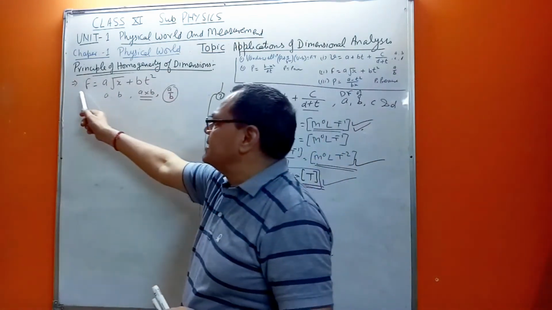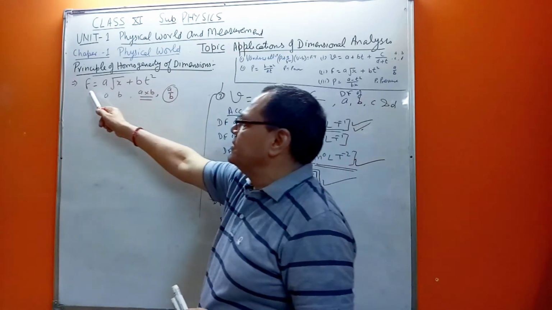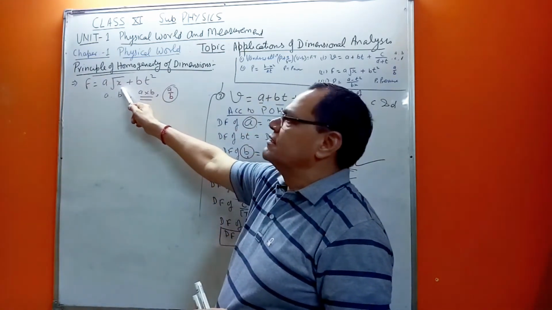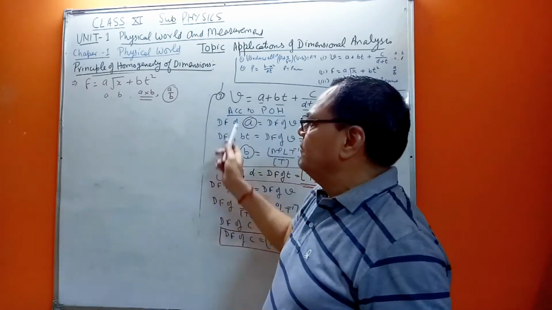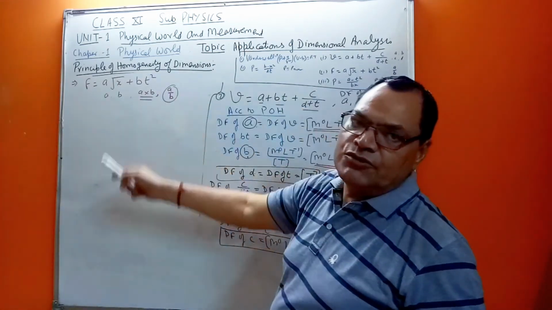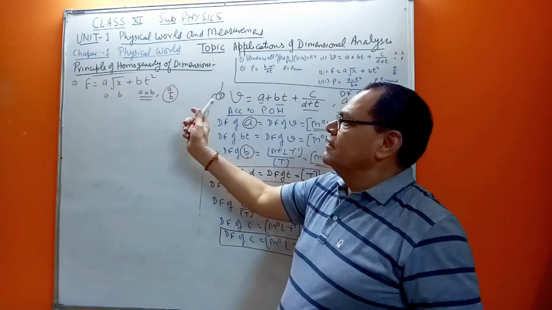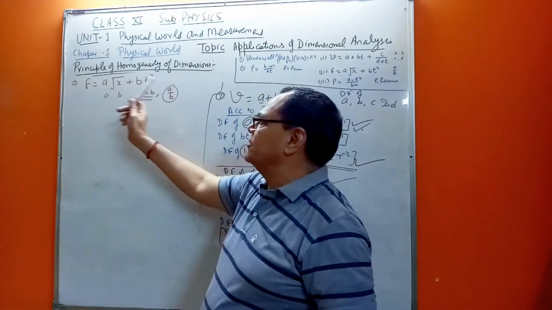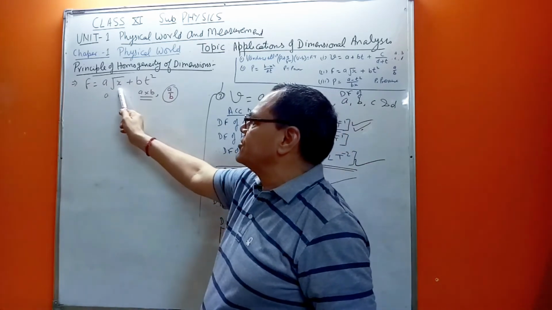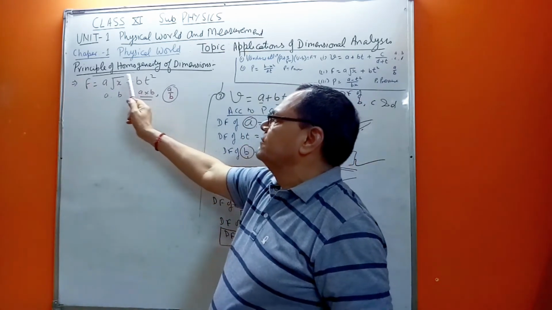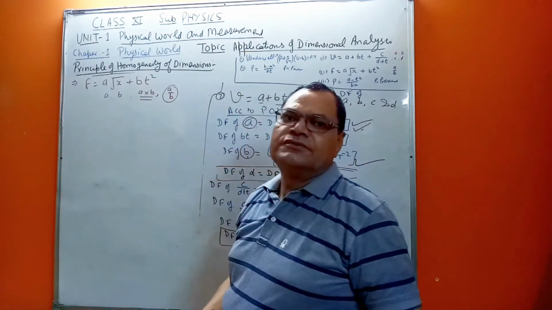The formula is given to us here. F is the force, x is the displacement, and t is the time. By using the principle of homogeneity, we can equate these terms. According to that principle, each term, the first term as well as the second term, will have the dimensions of force.